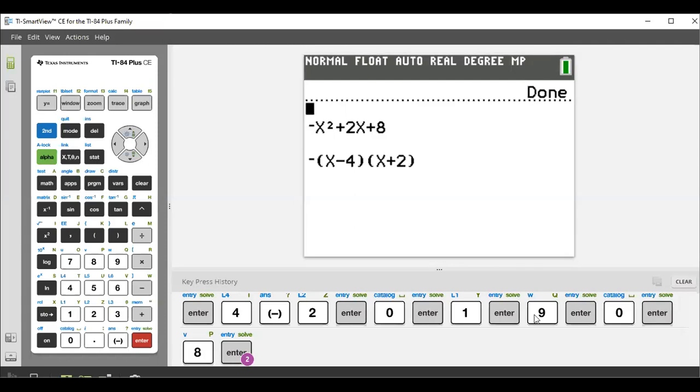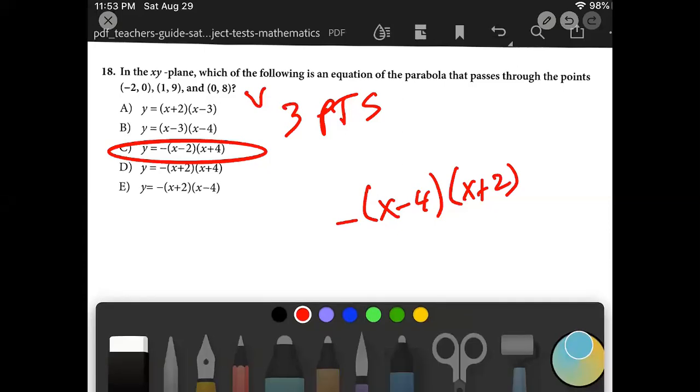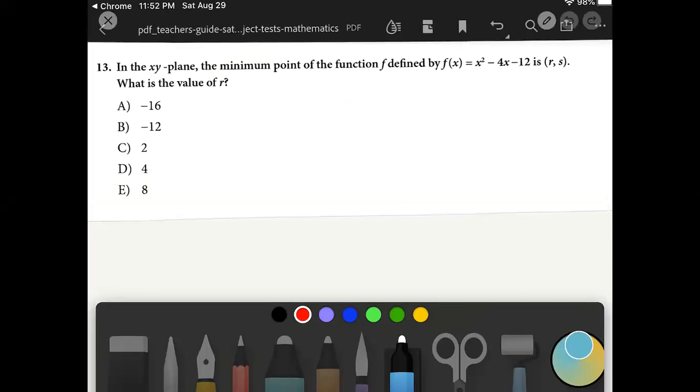Yeah, I'm glad I'm going back because I actually chose the wrong one. Actually, it's not this one. It would be this one. Now notice that my program put the x minus 4 first and x plus 2, but since it's multiplication, the order really doesn't matter. So that's your answer, okay? Let's keep moving because I want to try to keep this relatively short.